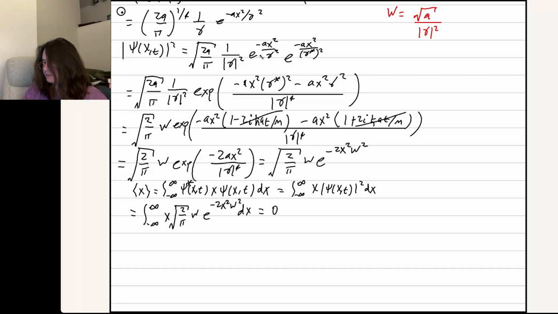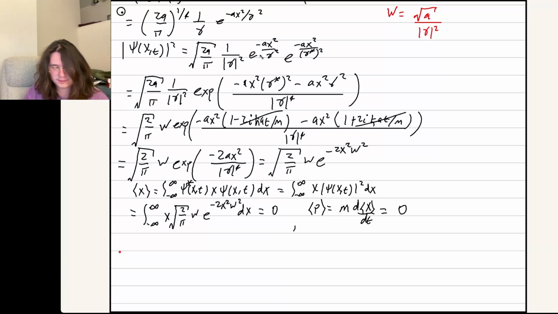And I'll tell you this is 0 because you've got x times e to the minus x squared, which is always 0, which means we get the expectation value of momentum for free by Ehrenfest's theorem, also 0.